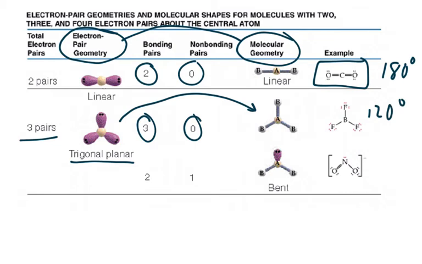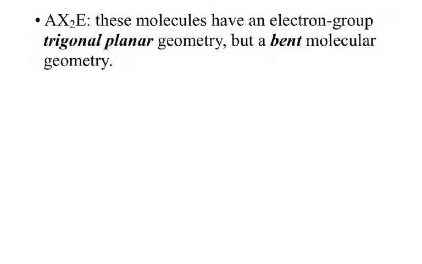Now, I'm going to show you a scenario where you have still three domains, but two are bonding and one is non-bonding. Okay? Look at this. The structure is going to be AX2E, where E represents an electron pair, an unshared electron pair, or a lone pair. So a general drawing would look something like this.